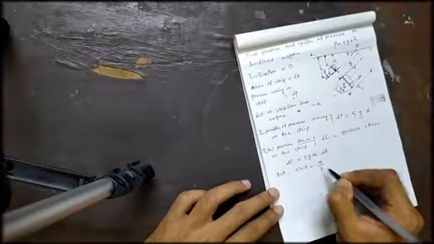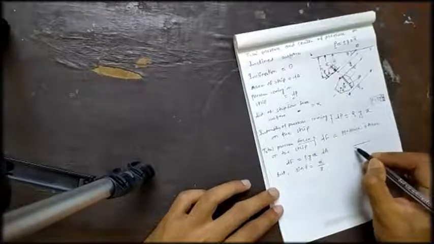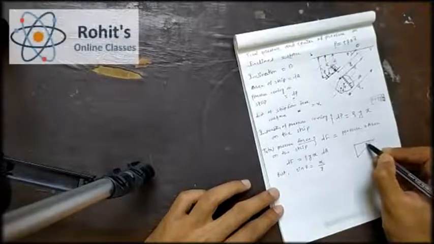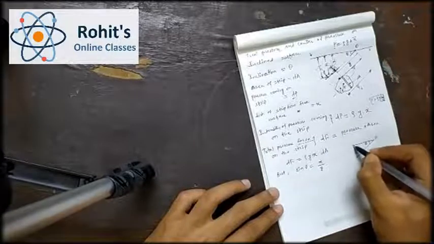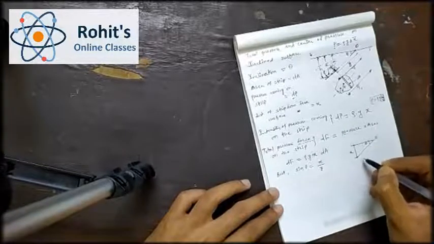I will draw this small triangle over here. So this is our theta, this point is O, this distance is x, and this distance is y.